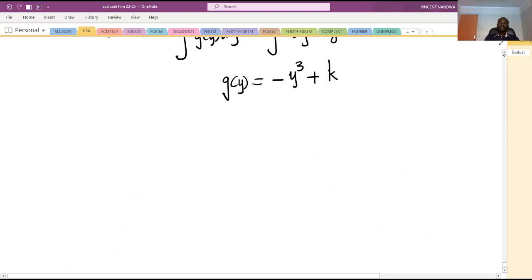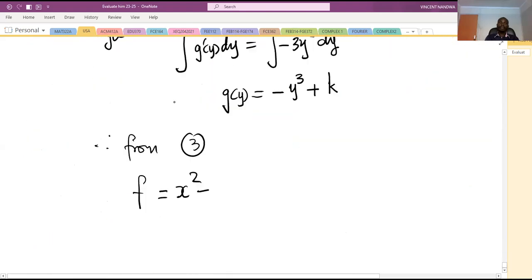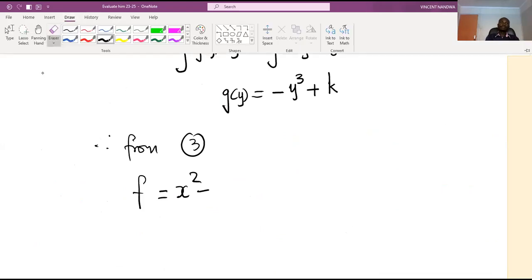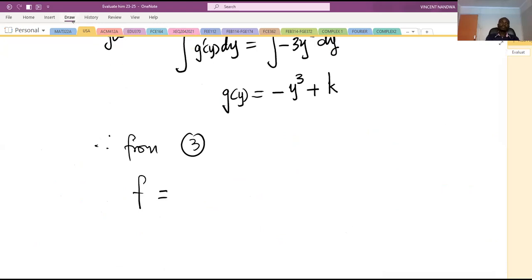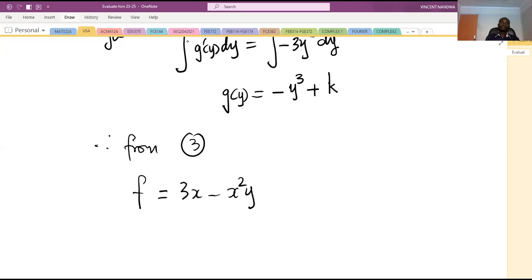So therefore, from 3, f is x squared minus 3x plus x squared y, and then plus g of y, which is the same as minus y cubed, then plus k.